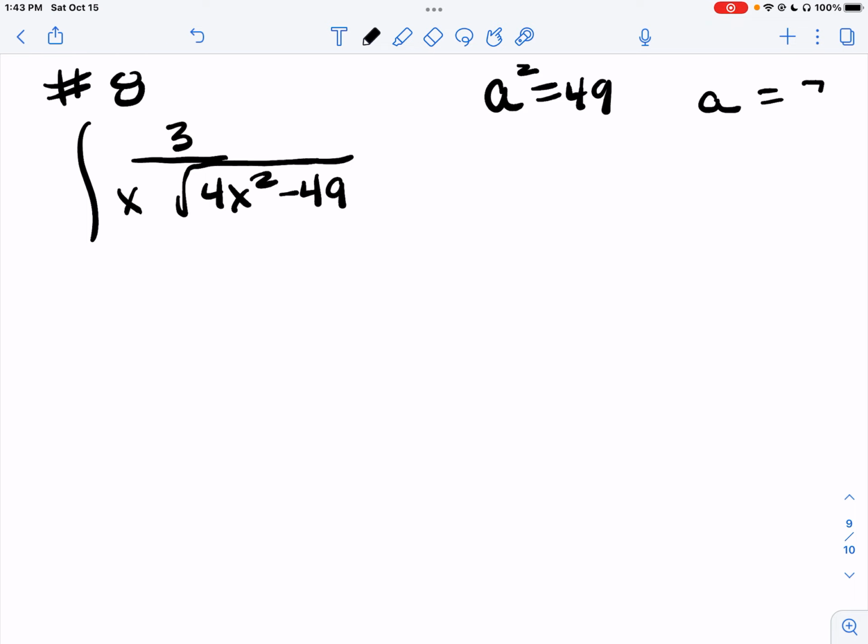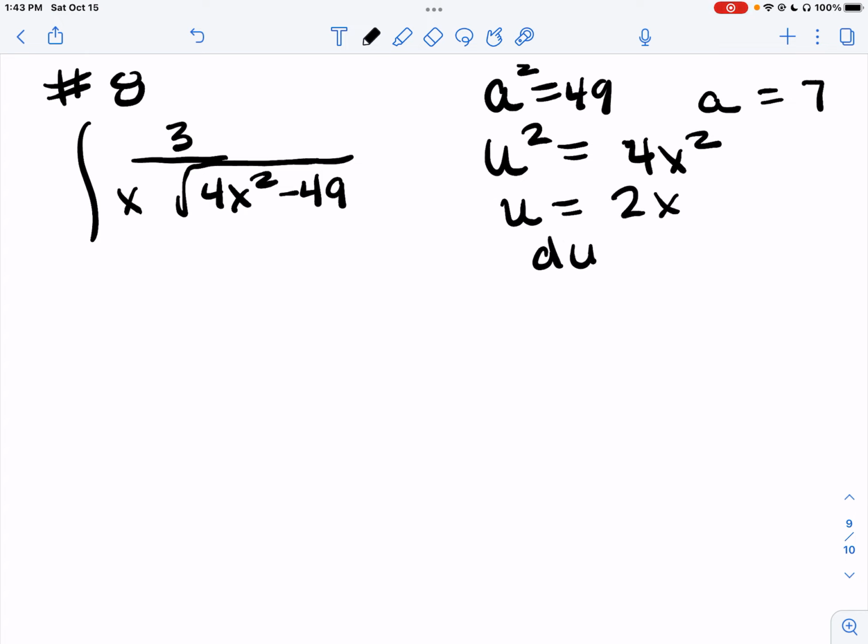A squared is 49. A is 7. U squared is the 4x squared. So u is 2x. Du is 2 dx. Okay, so that 3 is the wrong number. So I'm going to put 3 out here.